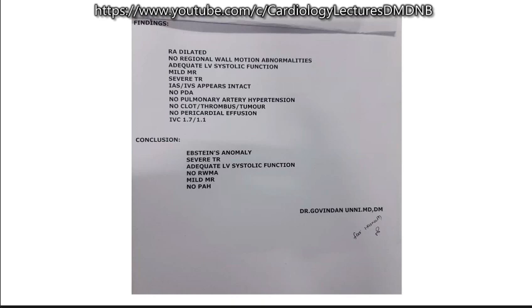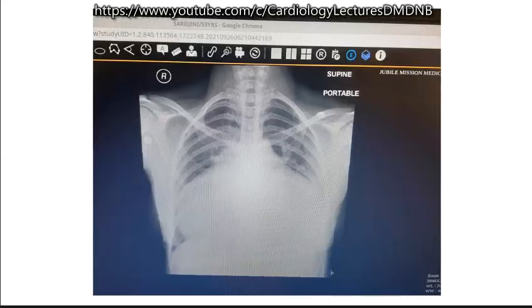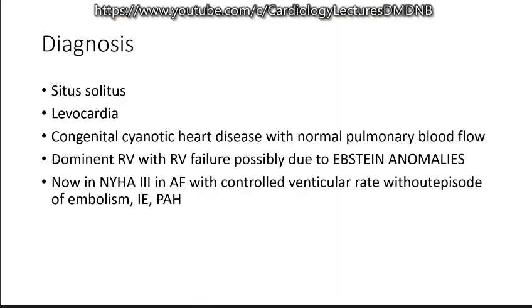Obviously, there is a right to left shunt because you have recognized that the patient is having some degree of cyanosis and oxygen saturation is only 85%. So either it could be an ASD or an opening up of the foramen ovale resulting in a right to left shunt. So that is there. So a few points of discussion on Ebstein anomaly.